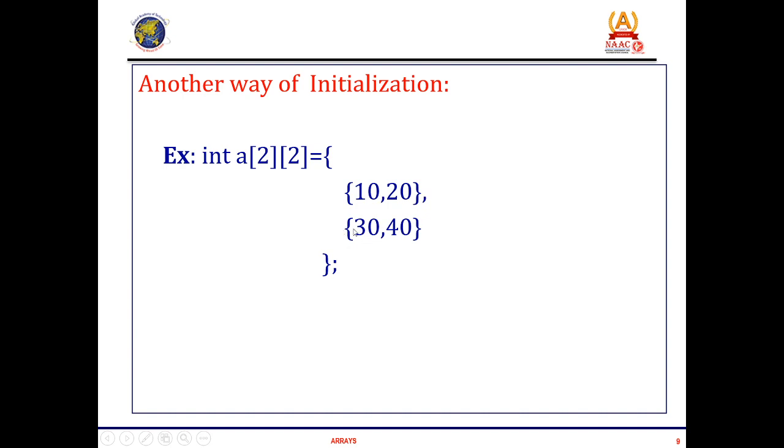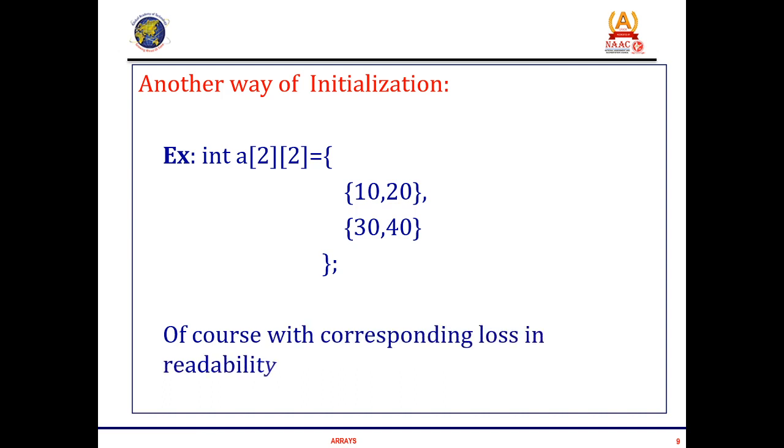Then I have enclosed the second row elements, followed by a curly brace and semicolon. Even this is absolutely valid in the C programming language, but of course, the point to be noted is that this comes with a corresponding loss in readability. And this is the prime reason that in most cases we don't follow this way of initializing the elements of a two-dimensional array.